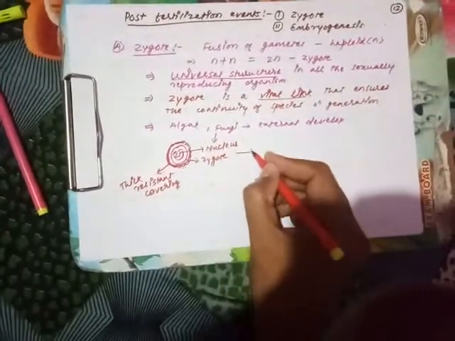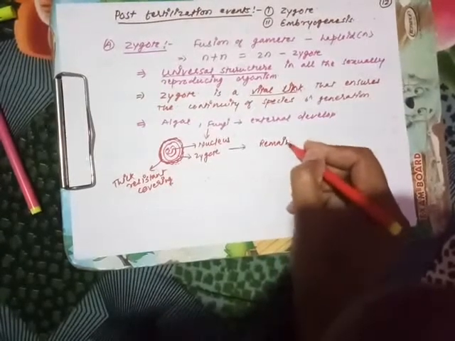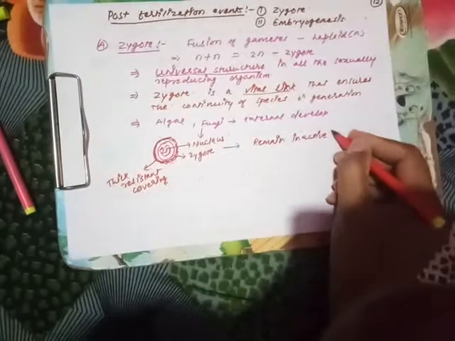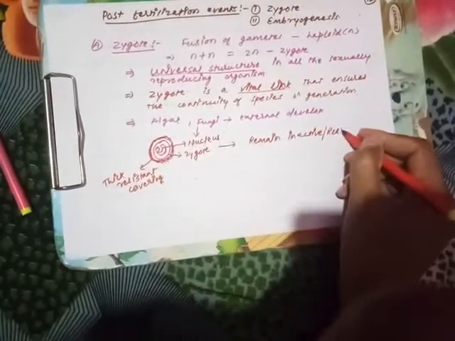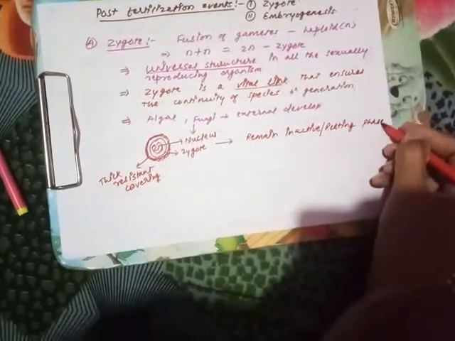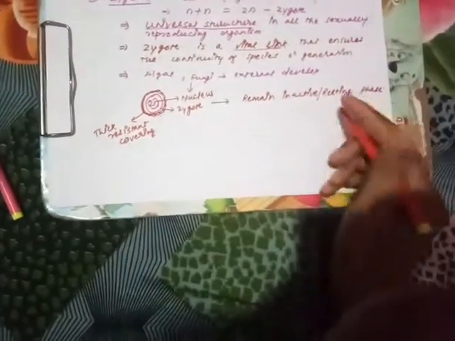The zygote remains inactive, which means it is in a resting phase, until the conditions become favorable for development.